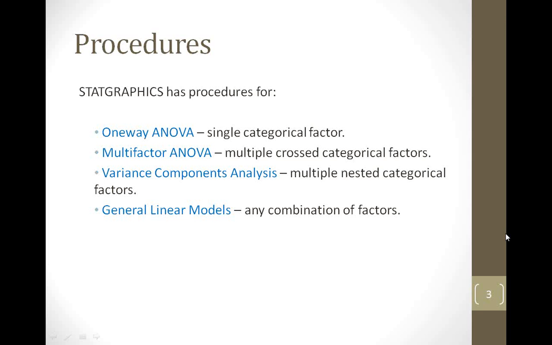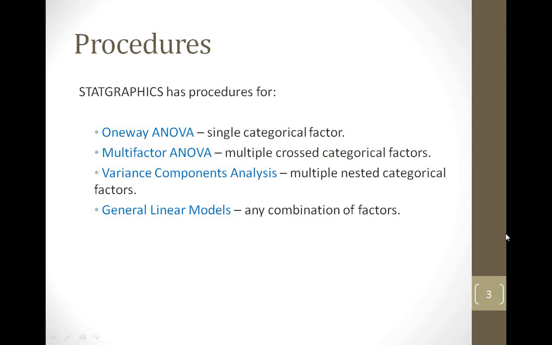So those are 3 special procedures: one-way ANOVA, multifactor ANOVA, and variance components analysis, that are designed for specific combinations of factors. If our data don't fit into one of the first 3 categories, then we need to use the general linear models procedure.